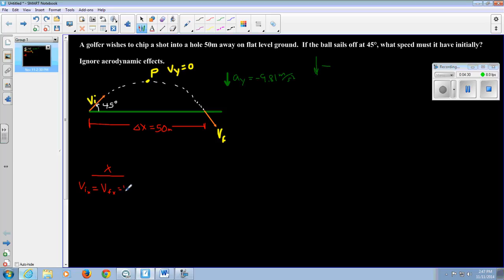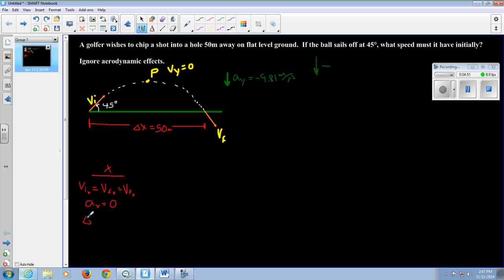That's also equal to the velocity at P in the x direction. So they're all equal. So we got a constant velocity in the x direction. Our acceleration in the x direction is 0, because we have a constant velocity.